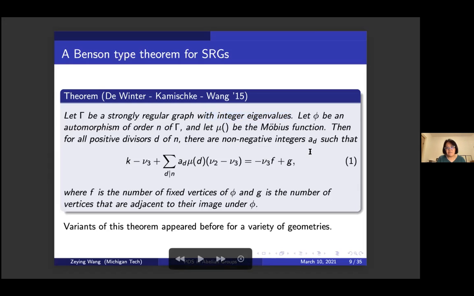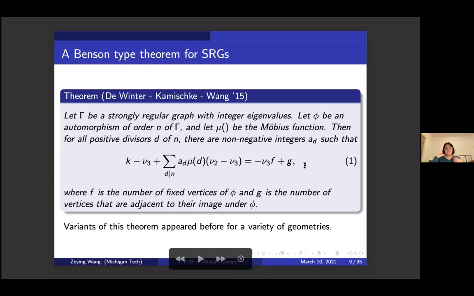Now, suppose phi is an automorphism of order n of gamma. So that's the automorphism of the graph. Let mu be the Möbius function, and then for all positive divisors d of n, there are non-negative integers a sub d such that equation 1 is true.